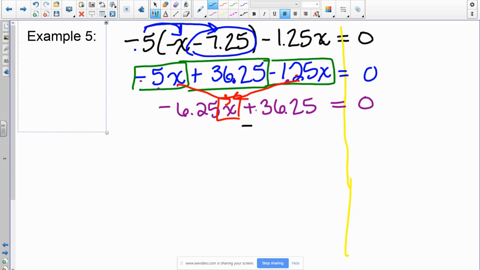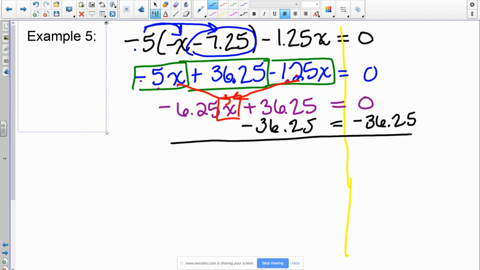So since it's adding 36.25, to inverse that, or to make opposite, so the opposite of addition is subtraction. So we're going to subtract 36.25, and we're going to put our equal sign there to make sure we keep equivalence.